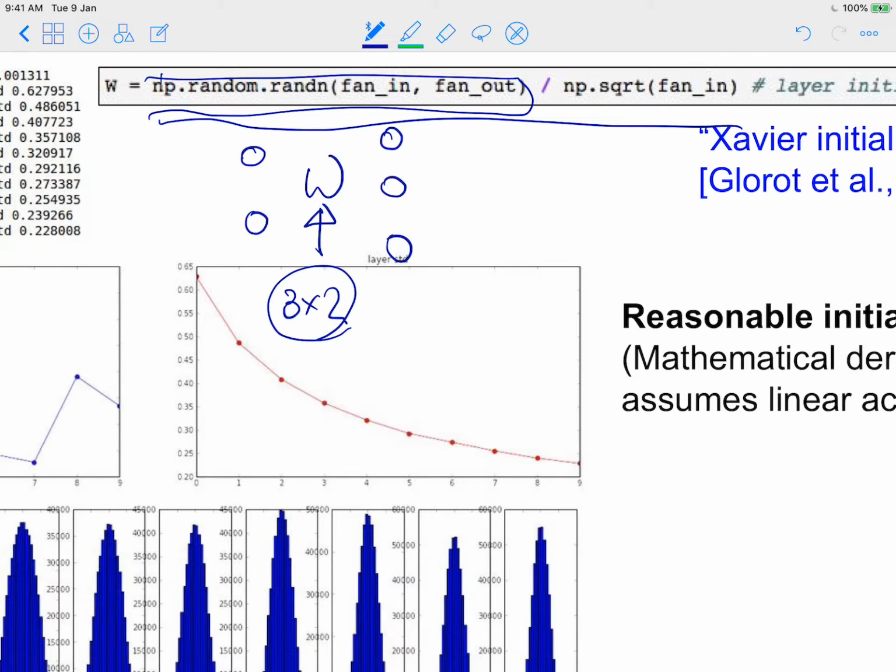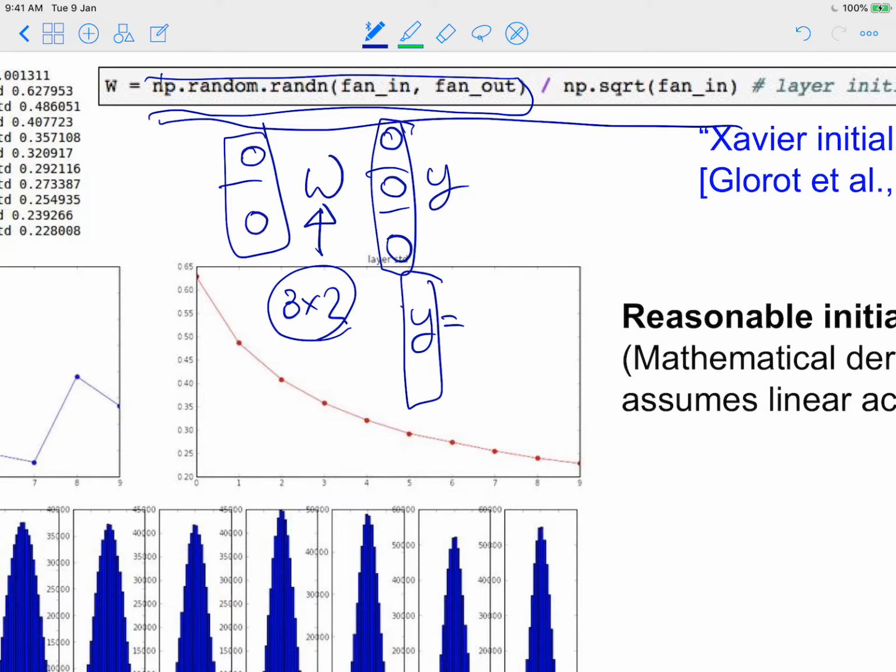So why is it 3 by 2? This y vector is represented as this vector x times our W matrix, right?